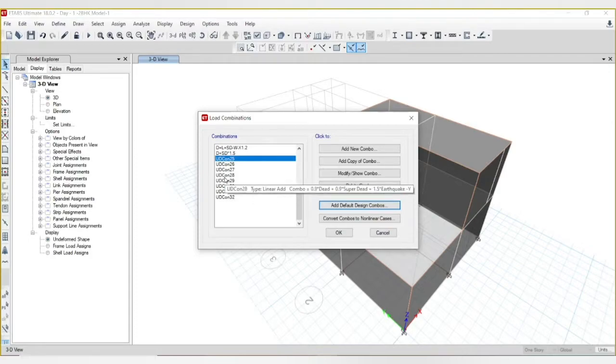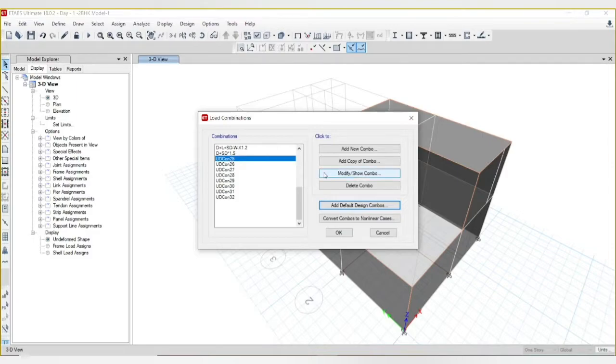You can see combination 28 is 0.9 times dead and 0.9 times super dead and 1.5 times earthquake at Y. And 29 you can see the same thing, and 30th you can see 1.2 times response spectra. This is the new additional combination, and 1.5 times response spectra, and the last three are response spectrum analysis combinations.